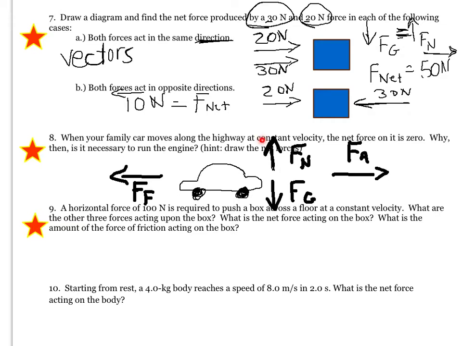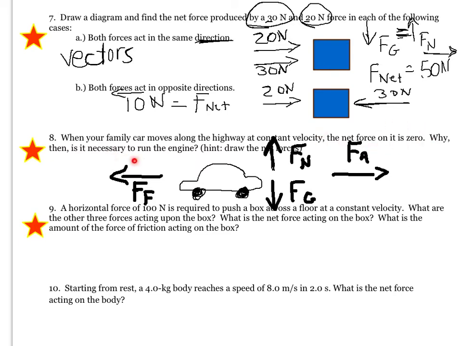So all the forces are balanced, which means the normal force and the gravitational force are equal, and we know that because the car is not floating away. But then the force of friction and the force of acceleration are also equal, and they're opposite, equal and opposite. So the net force is 0.